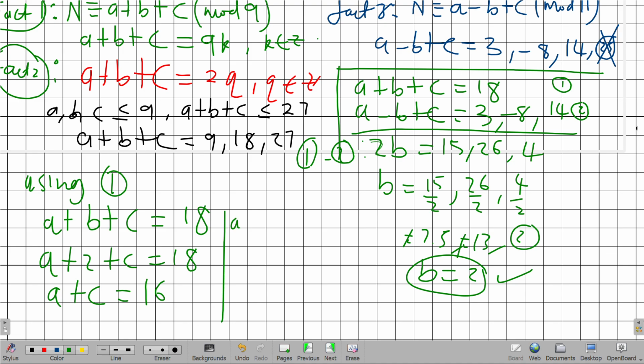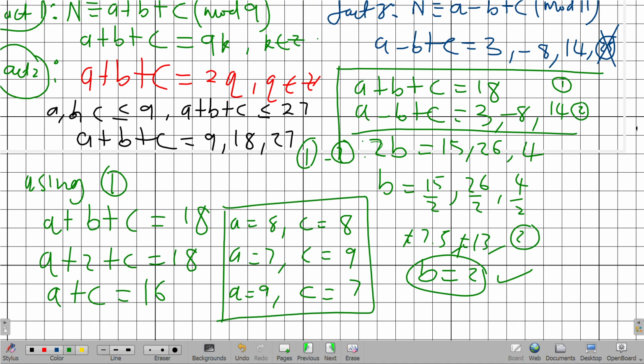It means a is 8 and c is also 8. It might also mean that a is 7 and c is 9. It might also mean that a is 9 and c is 7. These are the only possibilities that give you 16.